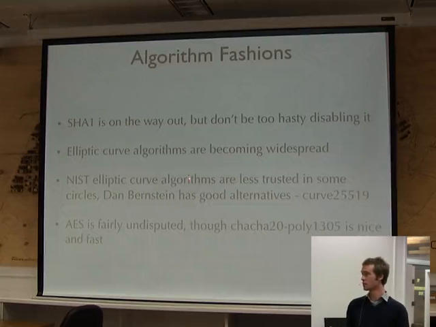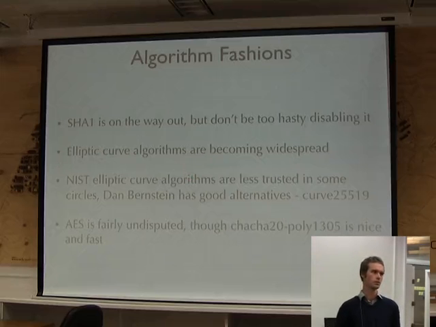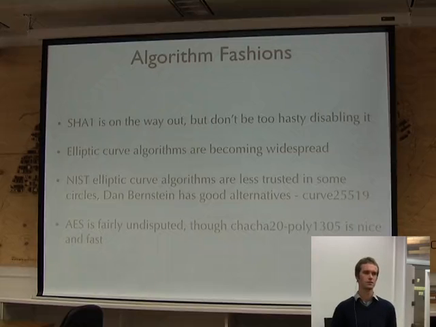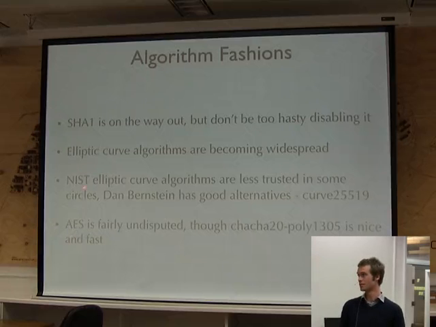Then there are elliptic curve algorithms, which, instead of using normal Diffie-Hellman, use elliptic curve ones, and they're a lot faster. So they're popular, especially for things like where Dropbear runs. But some people don't trust NIST curves because they're related to the NSA, and Edward Snowden has had lots of revelations about them.